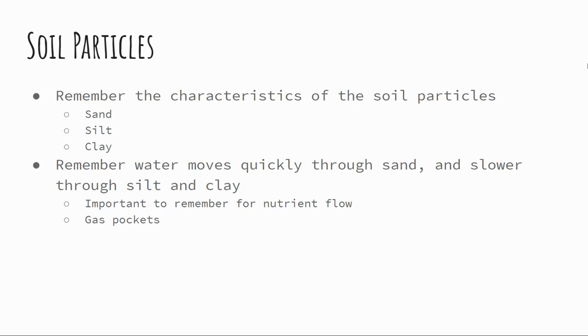All right, so soil particles, and we've talked about this, so remember the characteristics of all of the sand, silt, and clays. Okay. Remember, water moves quickly through sand and slower through silt and clay, and this is important not only for water but also for nutrient flow, the leaching that we talked about, and also air exchange pockets or gas pockets in the soil, important for the overall health of the plant.